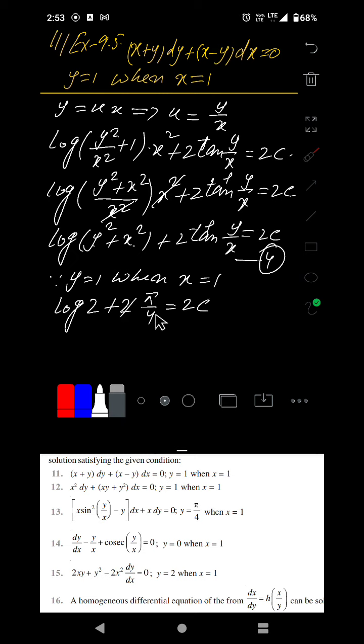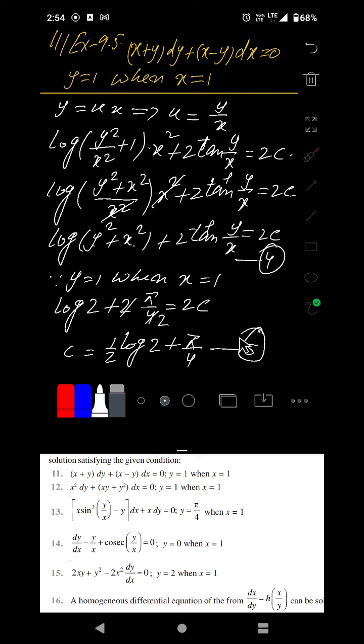Now if we transpose 2 to the right hand side, it will divide both the terms. So we have c = 1/2 log 2 + π/4. That will be equation number 5.